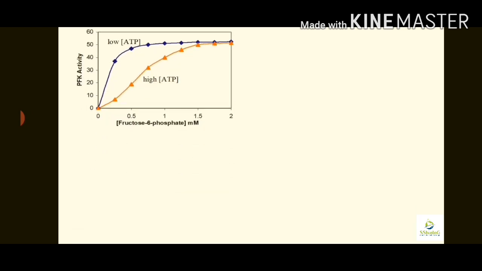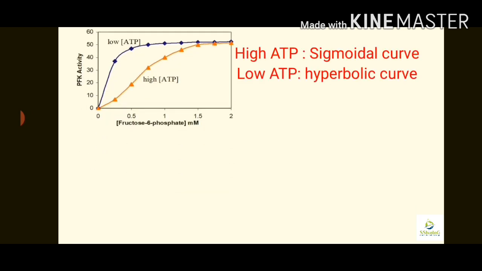Here the activity of PFK is shown at different concentrations of ATP. At high concentration of ATP, we get a sigmoidal curve, that is the activity of the enzyme is decreased. But at low ATP concentration, we get a hyperbolic curve, where the activity of the enzyme is maximal.